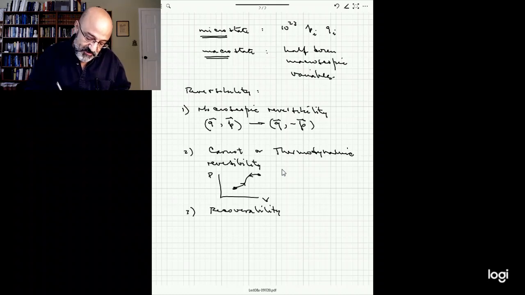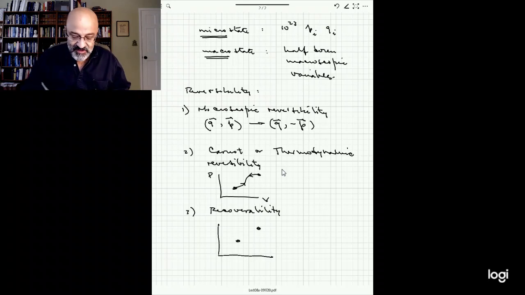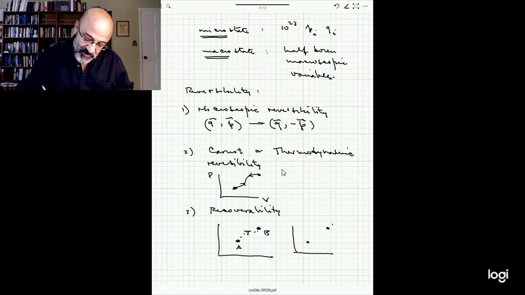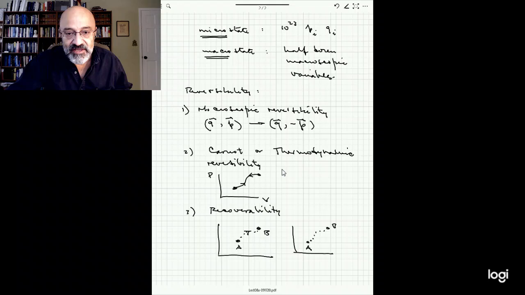Which refers to being able to go from one state to the other by any means whatsoever. If you are going to go from A to B, then there is the possibility of, by any means whatsoever, coming back, going from B to A, quite irrespective.